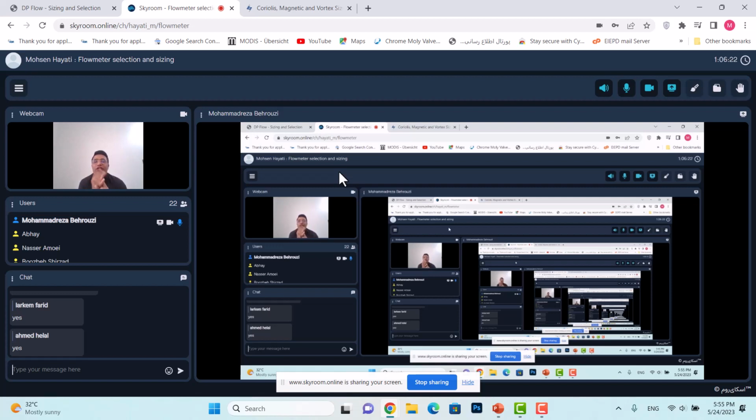In the first example, I familiarized you with the environment of this application. In the second example, I tried to finalize the sizing, showing how we can use this application in order to size the flow meters. And in the last example, I tried to play the role of the application engineer.